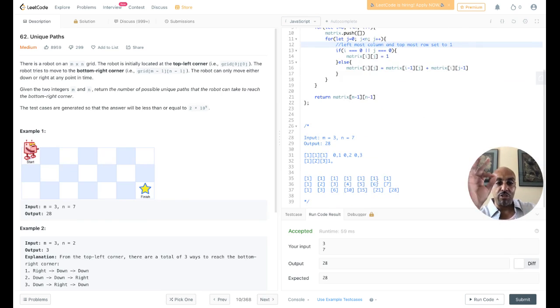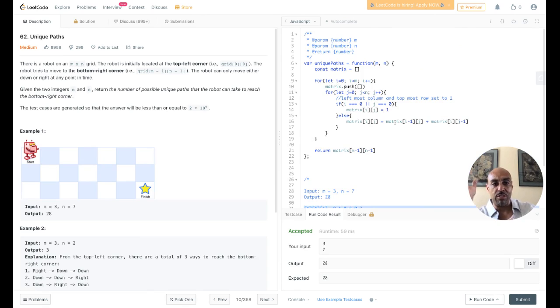Now, a lot of the time was spent building up our case and understanding exactly what we were doing here. The actual code implementation wasn't really that difficult. We started off with a matrix. We go row by row. We push in an empty array for that row. We look if we're at the leftmost column or the topmost row, and we know there's only one way to get to those spots, which we've established already.